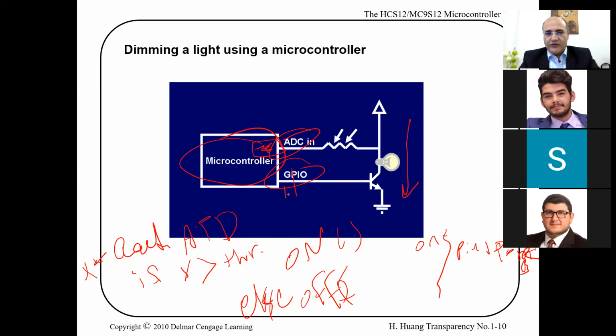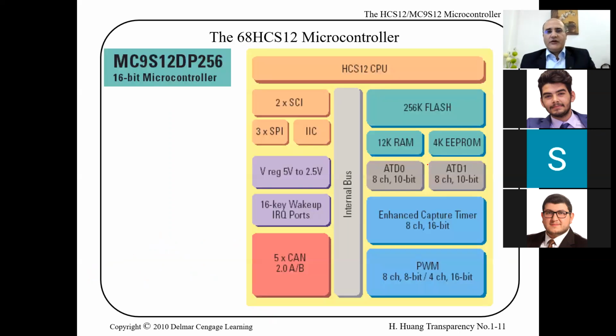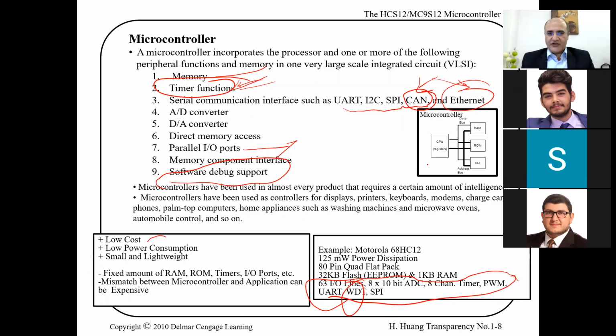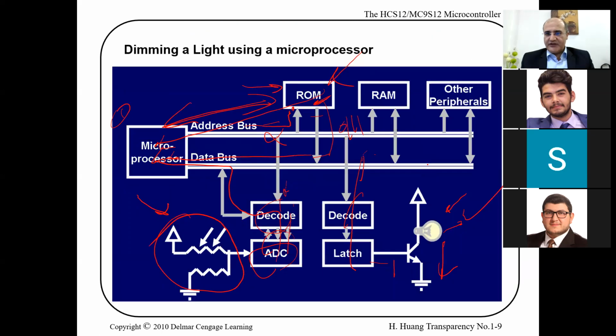You turn it on. If you write a 0, no channel here, no current passing through, the light is off. As simple as that. So this is a microcontroller, and this is how it's different from a microprocessor, its benefits.